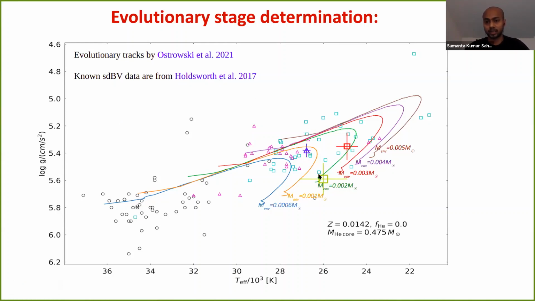But for all 3 targets from the spectroscopic analysis, we calculated the errors, both in effective temperature and log G. Okay, so what could be the possible reason for these error bars? Possibly since it is purely spectroscopic. Yeah, spectroscopic.